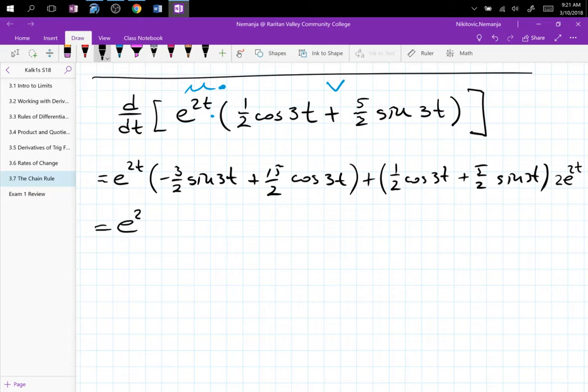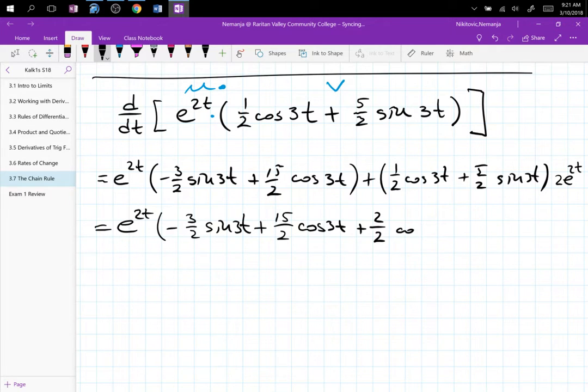When I factor out e to the 2t, the rest stays in parentheses, so negative 3/2 sine 3t plus 15/2 cosine 3t, and now plus 2/2 cosine 3t plus 10/2 sine 3t. Again, I did not cancel the halves with the 2. I multiplied the numerators because I need common denominators between the two. So now this guy and this guy are common, and this guy and this guy are common, so I can add them up.